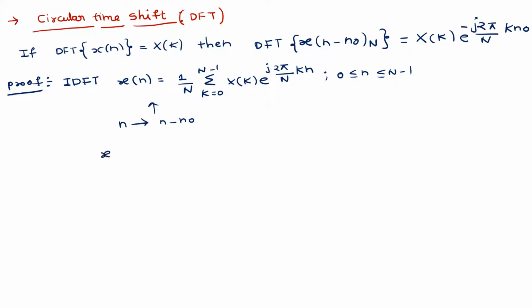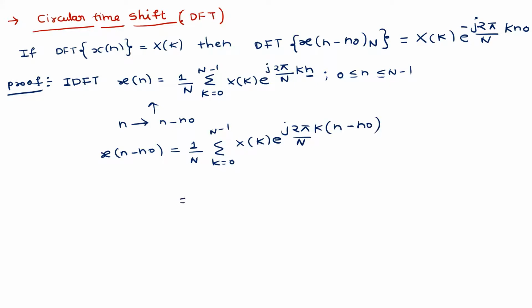So we will get x of n minus n naught equal to — here there is only n, so we just have to change it there — that will be 1 by N summation of k equal to 0 to N minus 1 X of k e power j 2 pi by N k times n minus n naught.